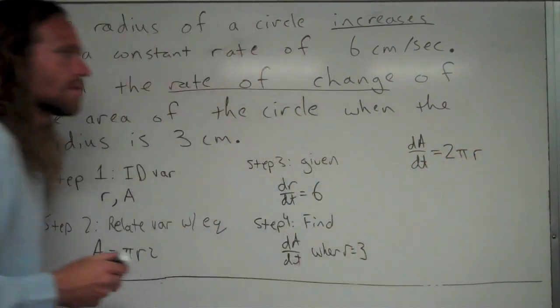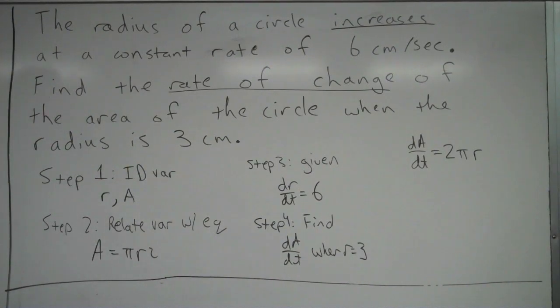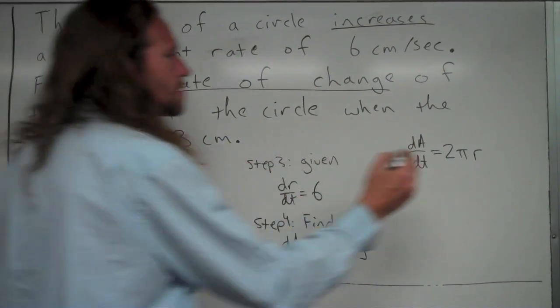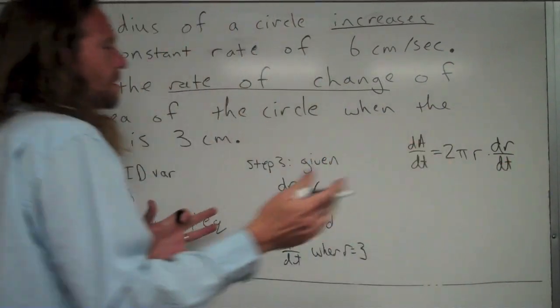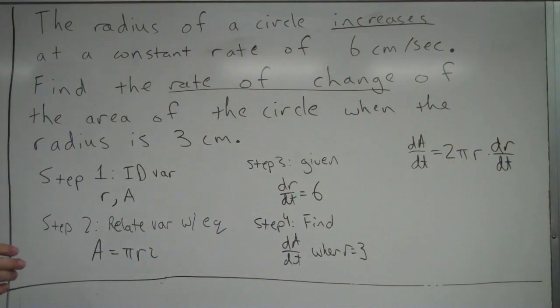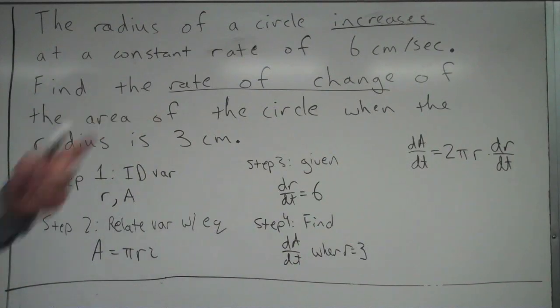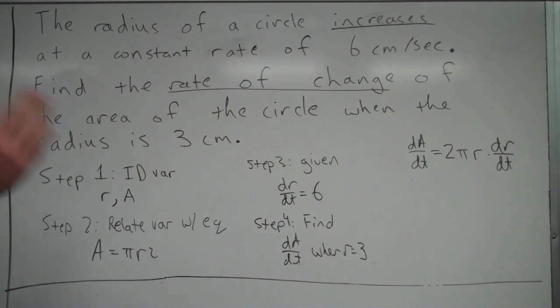But then, since I was taking the derivative of r, I multiply times dr over dt. So whatever variable I take the derivative of, my initial derivative is just normal, the 2 pi r, and then I multiply times d, whatever that variable is, over dt. In this case, it was r.